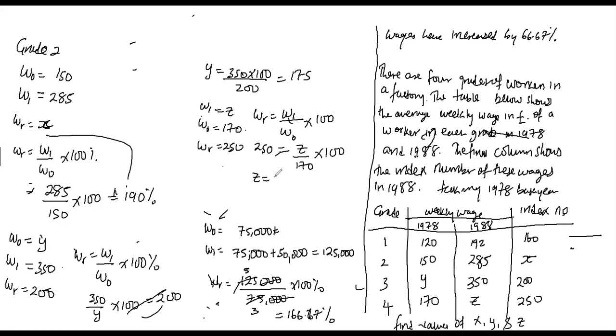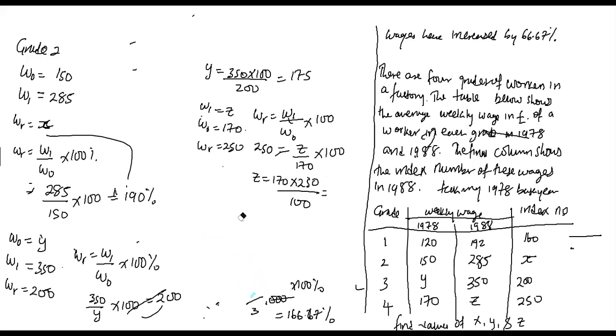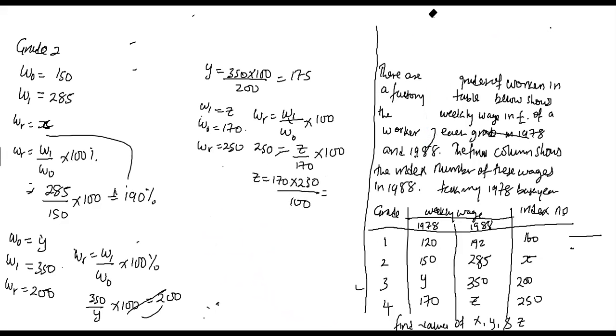Then you can make Z the subject, which is 170 times 250 over 100. What answer do we get? 425 pounds.